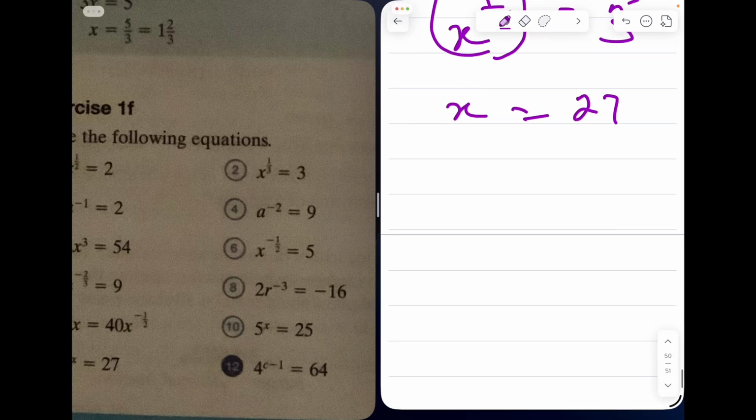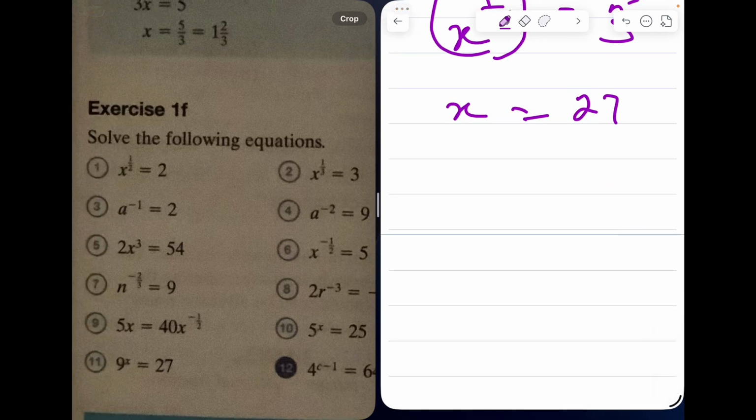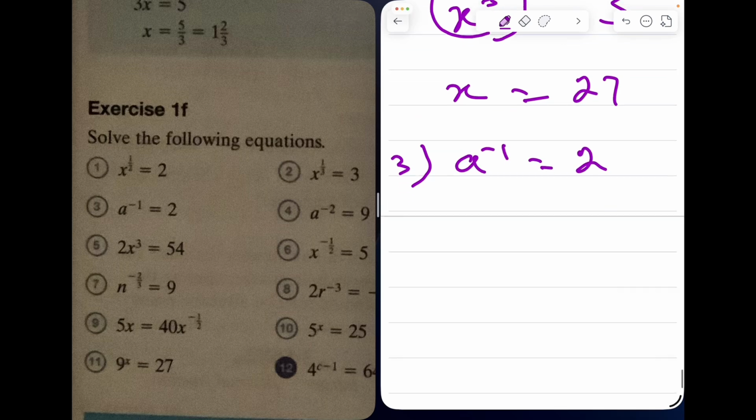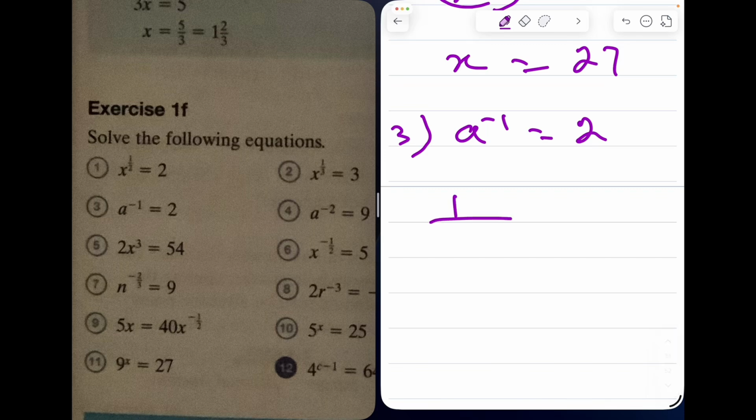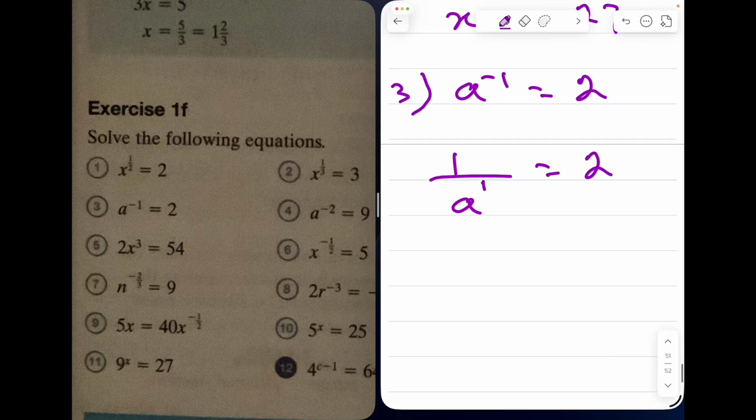We go to the next, which is number 3. a raised to power minus 1 is equal to 2. Of course, we know that a raised to power minus 1 is simply the same as 1 over a raised to power 1. And that's equal to 2.